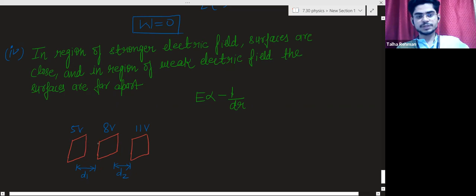These are equipotential surfaces, and suppose for example this has a potential of 5 volt, this has a potential of 8 volt, and this is 11 volt. Okay. Yes, sir.